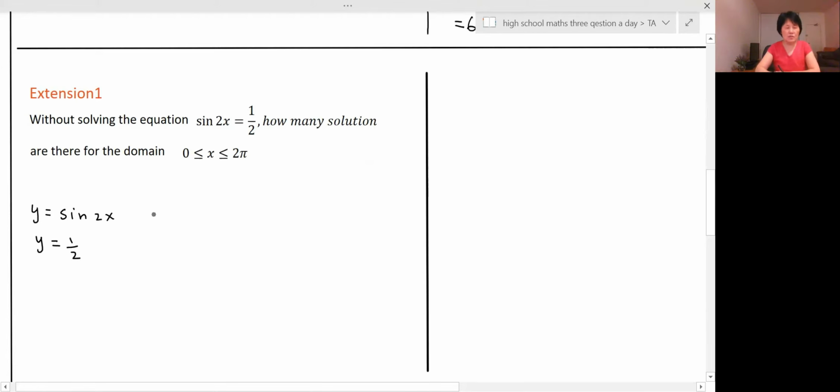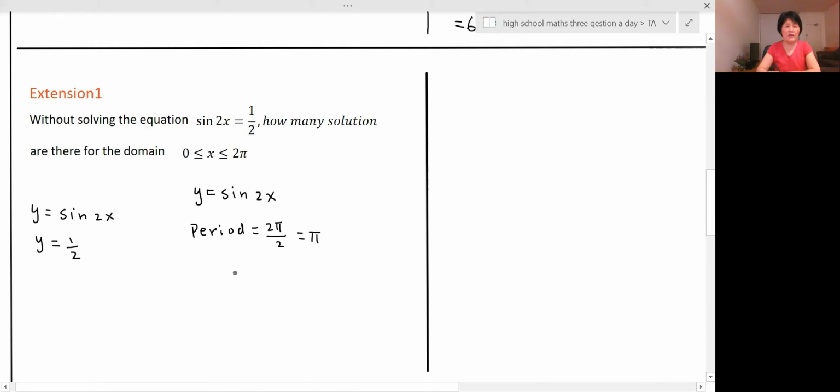Okay, so now I just draw y equal to sine 2x. I want to draw this one, so I have to find the period here. Period equal to 2 pi divided by 2, equal to pi.